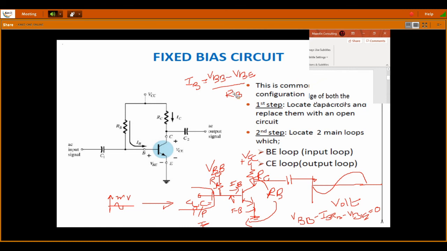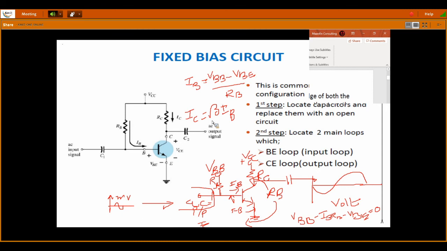With the magnitudes of VBB and RB, a constant magnitude of IB flows, and based on this base current, you get the output collector current, which is dependent on the base current. So IC is beta times IB. This output collector current is dependent on the base current, and that base current is dependent on the magnitudes of VBB and RB.